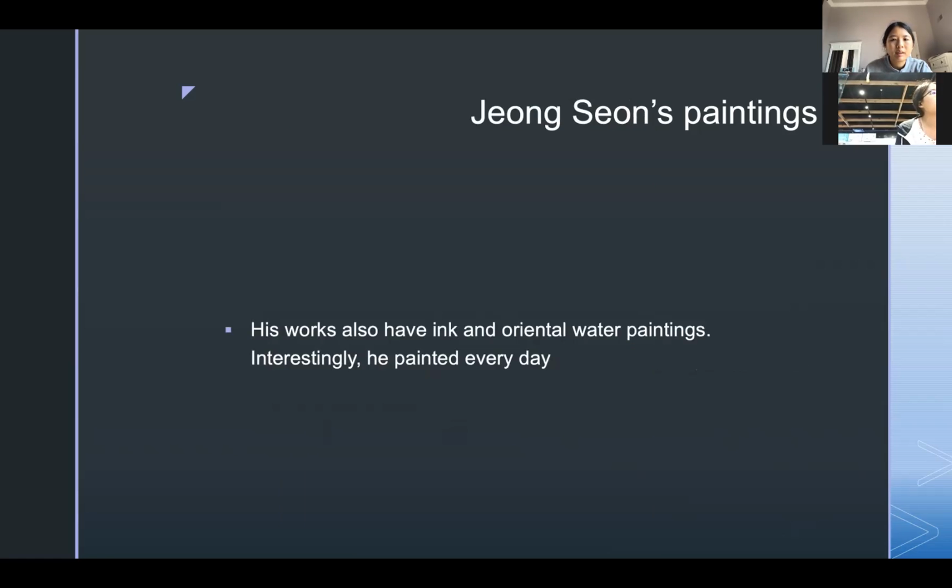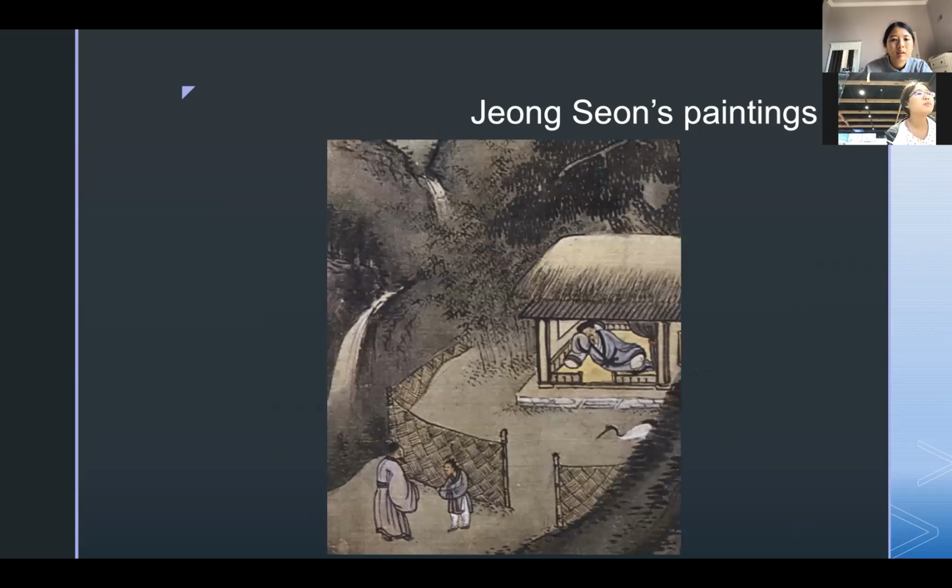Jong Sun. His works have ink and oriental water paintings. Interestingly, he painted every day. And here's one of Jong Sun's paintings.